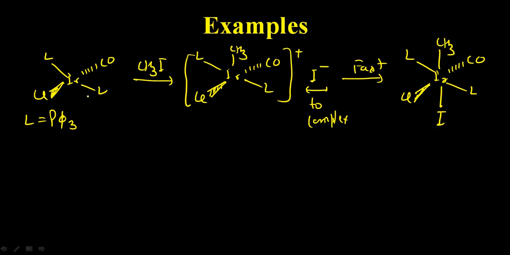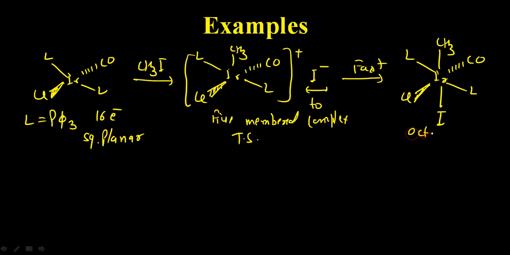So initially in this reactant we were having 16 electron count and the geometry was square planar, but when it attacked the methyl iodide, it gives a 5-membered transition state, which ultimately is converted into an octahedral complex in which the oxidation state of metal has been increased by 2 units. Initially it was +1, now it is +3.